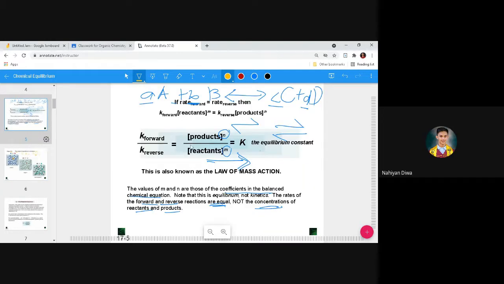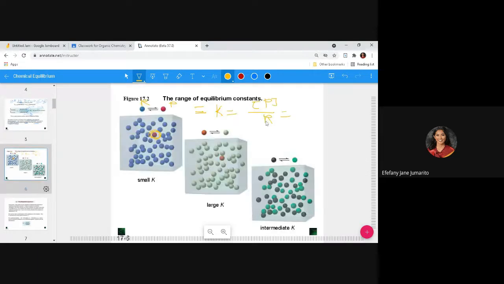Product ang nasa taas. Product over reactant, Jerome. All right, so we have product over our reactant. Now here, we have only one product, one red, and then we have daghan kayong reactants. For example, that's 100.